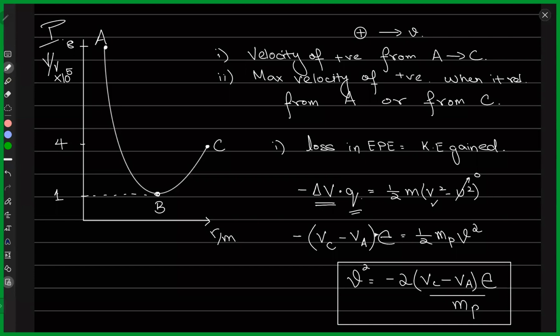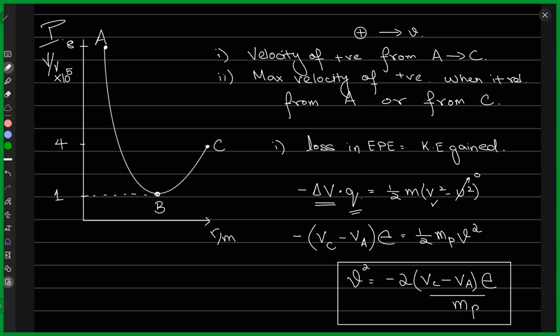Now, the change in potential from A to C. So we'll just see what's the potential at A, it's 8. And similarly, we'll see the potential at C, which is 4. So the change in this potential is the potential at C minus the potential at A. And then in place of Q, you'll put this charge. For a positive charge, it's plus e.